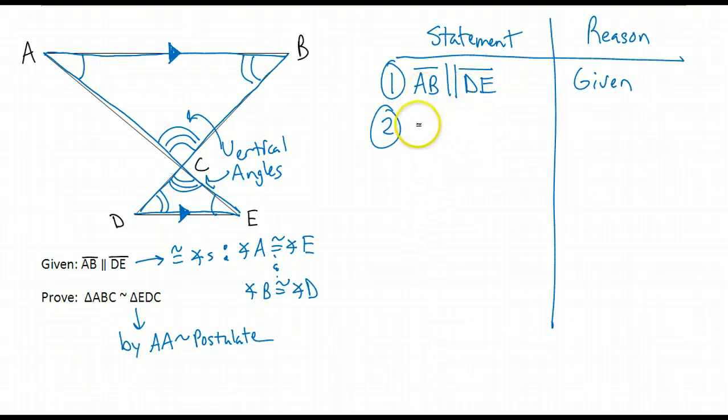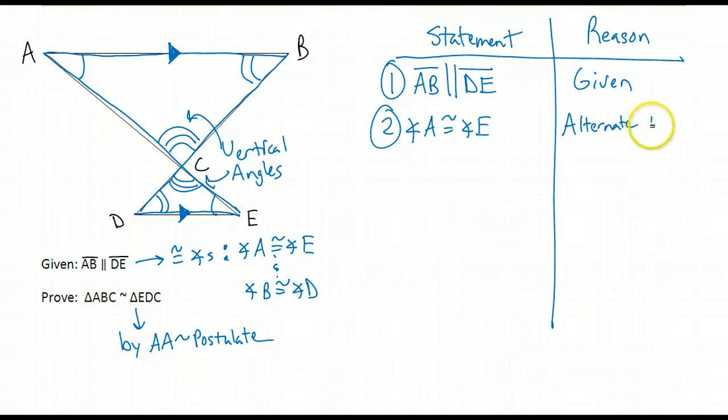Because my lines are parallel, angle A is going to be congruent to angle E by the alternate interior angles theorem. Now remember, alternate interior angles aren't automatically congruent. They are if I know my lines are parallel. I have to have this before I can conclude this.